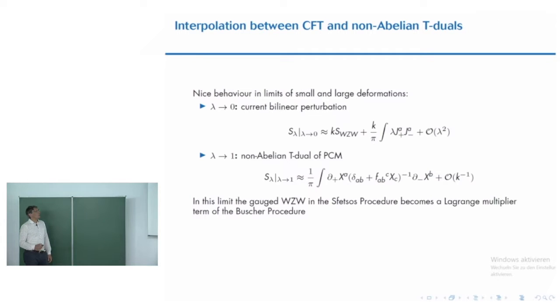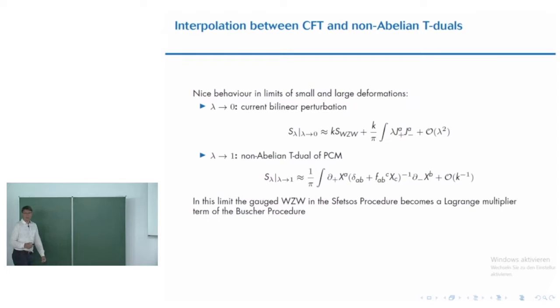To understand what this means a bit better, you could consider small perturbations. So if lambda is small, we're just deforming the Wess-Zumino-Witten model by two currents. For those of you who know what Wess-Zumino-Witten models are, J minus here is the wrong current, so this one acquires an anomalous dimension.